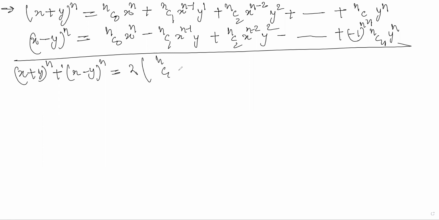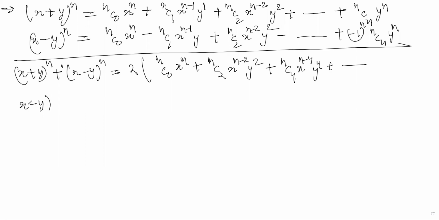So it will become twice of (nC0 x to the power n plus nC2 x to the power n minus 2 y square), because the others will get cancelled out. Similarly, the next term will be nC4, and so on.